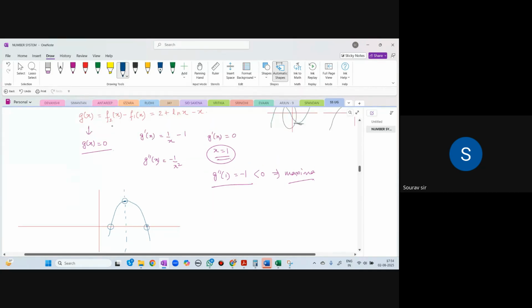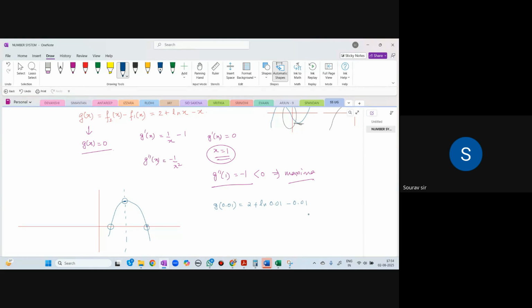So let us look at g(x) again: 2 plus ln x minus x. So g of, let's say, 0.01 will be 2 plus ln of 0.01 minus 0.01.